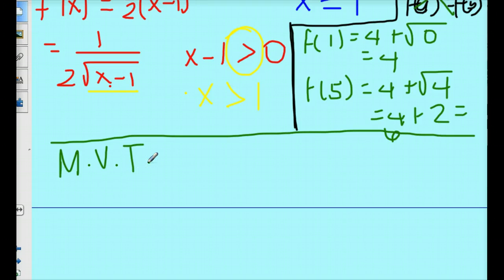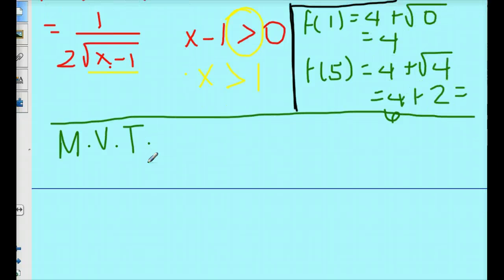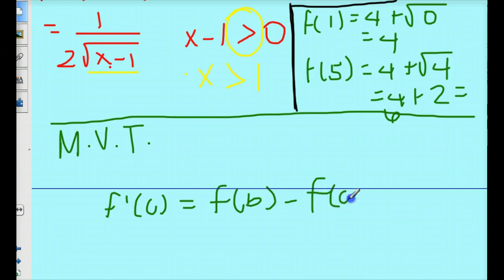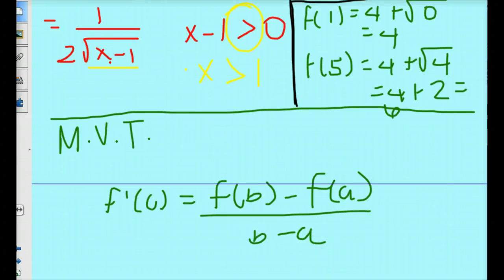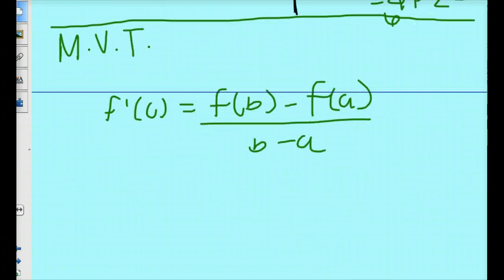So what I'm going to do is take the equation from the mean value theorem and start plugging things in. So I get f prime of c is equal to f of b minus f of a, divided by b minus a, which is a slope formula, right? And if you take a look at your notes, f prime of c is our derivative.